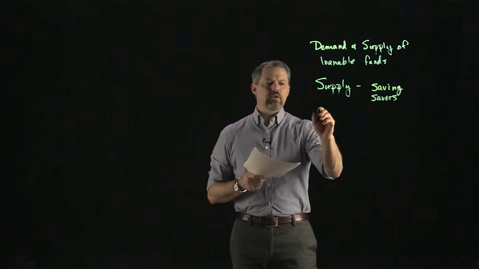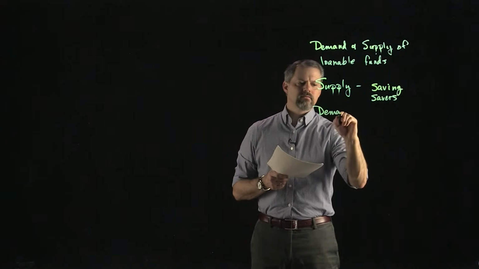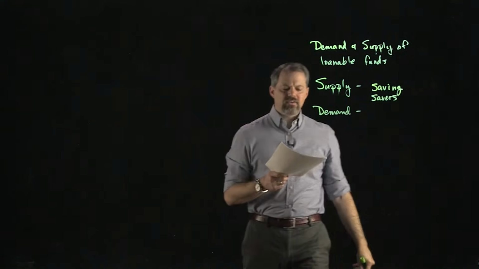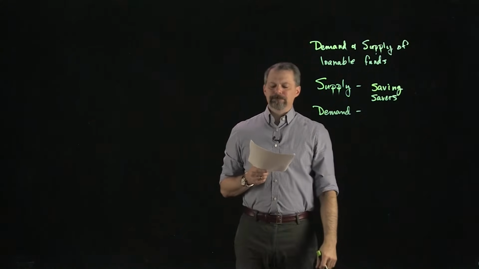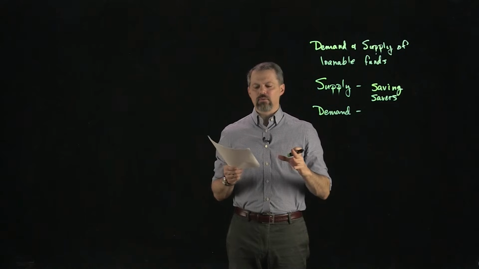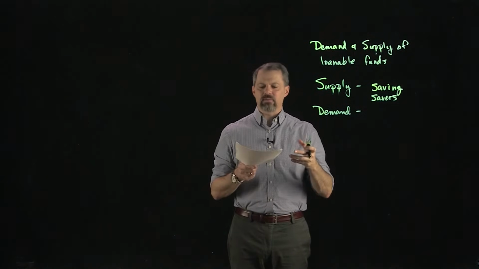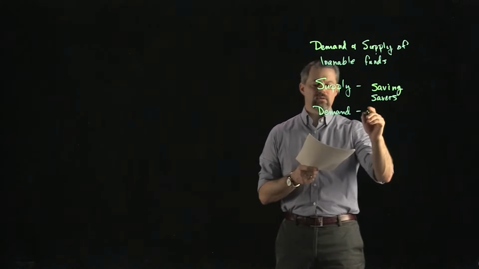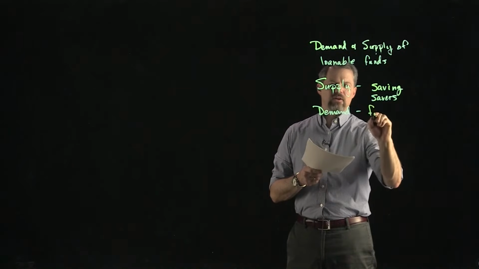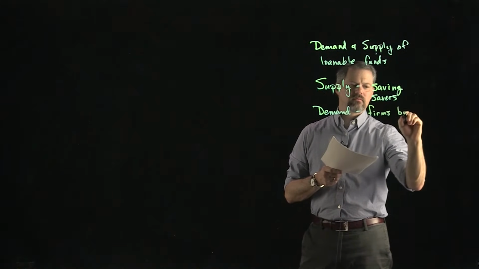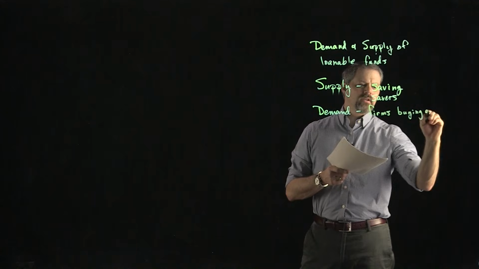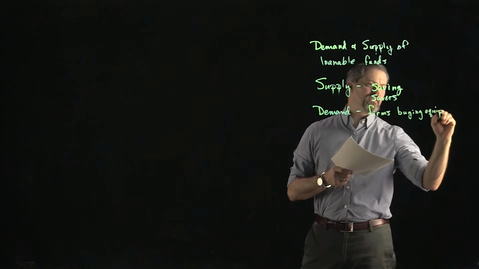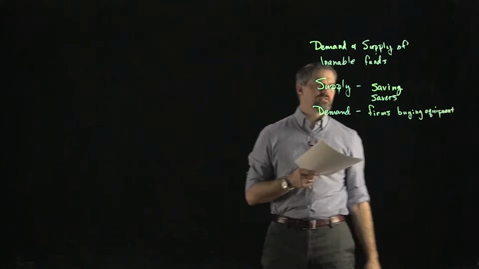The demand for loanable funds comes from households and firms that want to borrow money to make investments. Okay, so these are going to be, say, firms buying equipment. It could be firms buying buildings, structures.